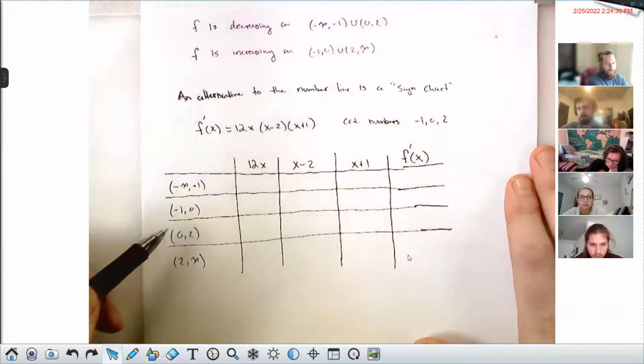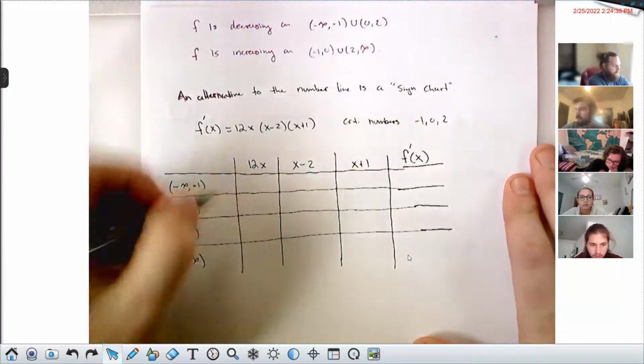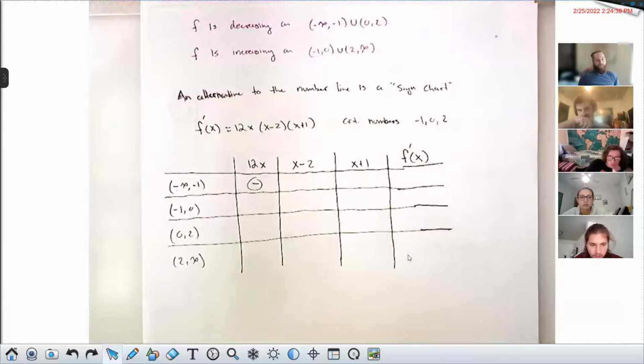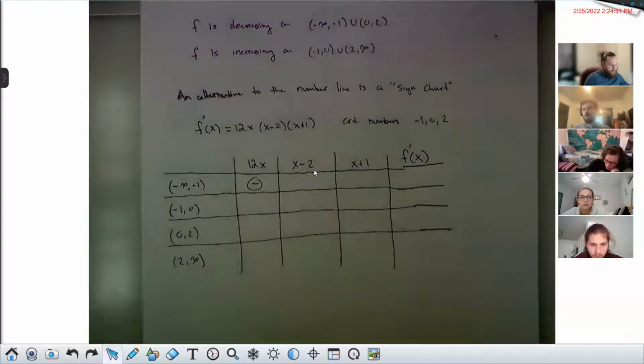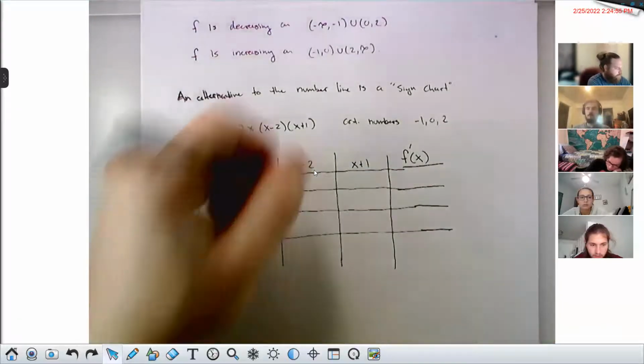From -∞ to -1, x is certainly negative, so 12x would be negative. What about x minus 2? Well, x minus 2 is negative until you get up to +2. So it's also going to be negative. It's kind of like you get to think about just a linear function one at a time.